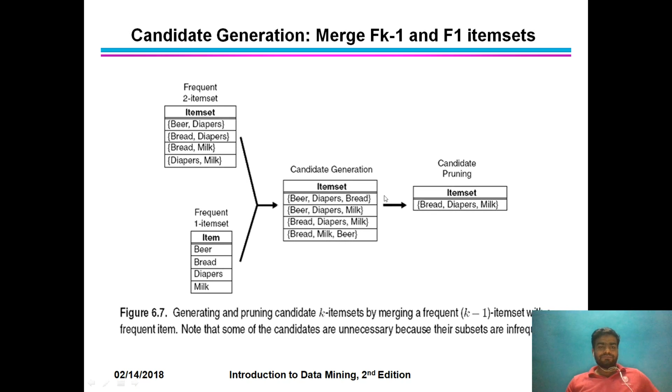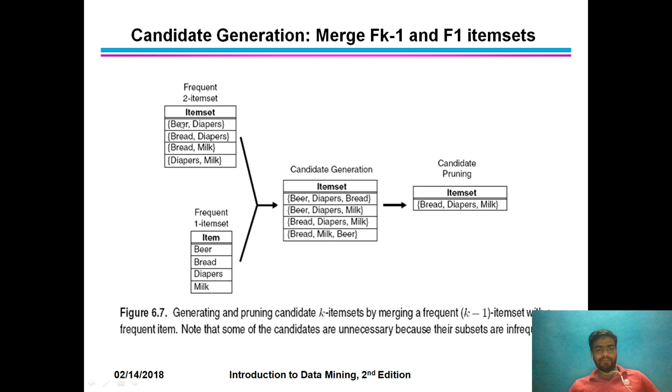Okay, so now take candidate generation. Another method by which we can generate candidates is to merge F of k minus 1 and F of 1 item sets. Frequent 2 item sets are beer diaper, bread milk, diaper milk; frequent 1 item sets are beer, bread, diaper, and milk. Combine frequent 2 item sets with frequent 1 item sets to get candidates.